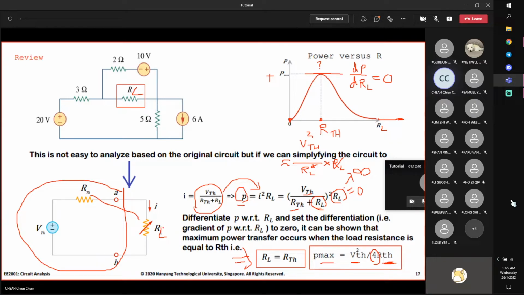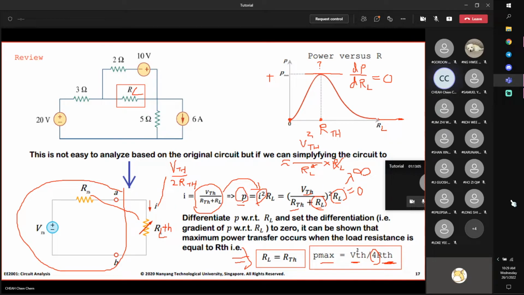When RL is equal to RTH, then these two have equal resistance, correct? Then what is your I? I will be VTH divided by RTH plus RTH, that is 2 RTH. Then what is I squared?